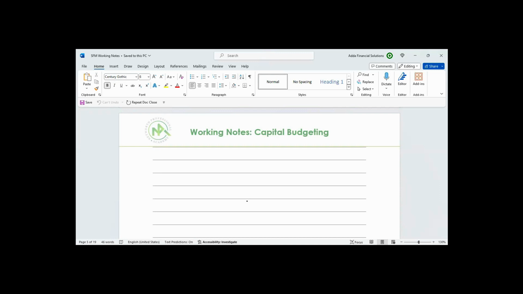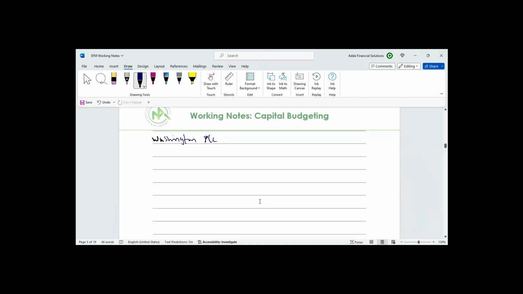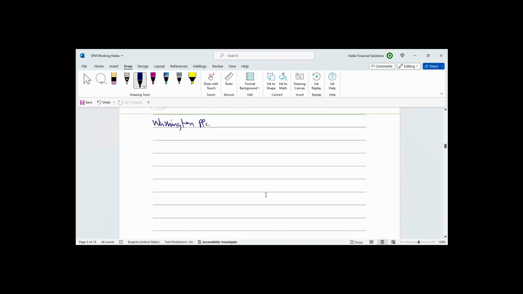The examiner asks us to calculate NPV, IRR, and then discounted payback period.